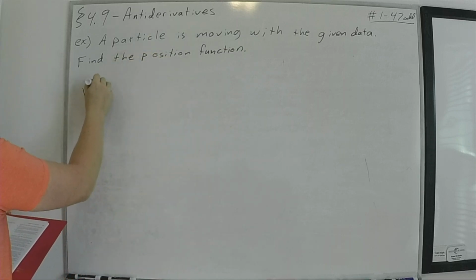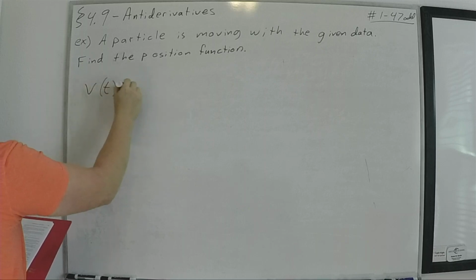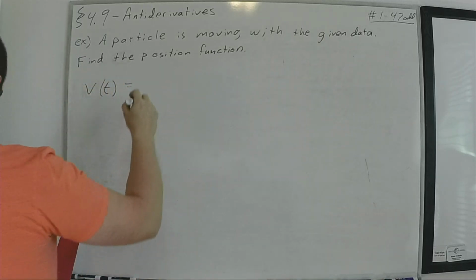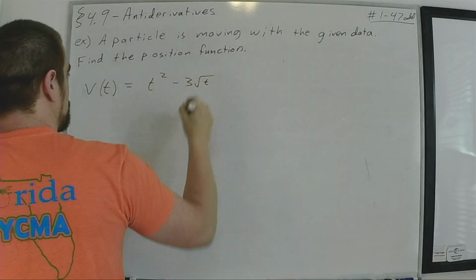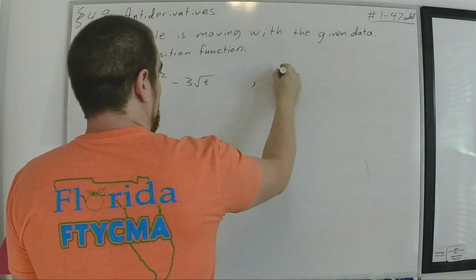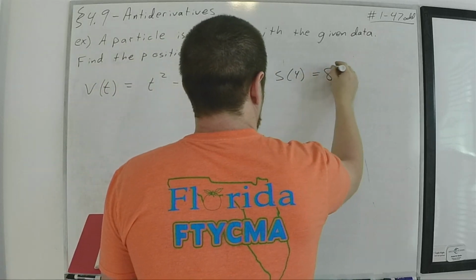So they start by telling us that the velocity v of t is given to be t squared minus 3 square root of t. And they tell us that s of 4 is equal to 8.